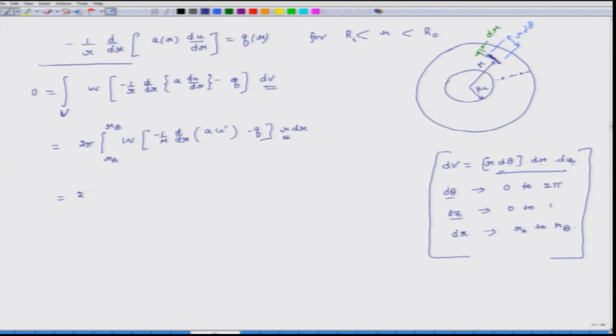So, this is equal to 2 pi times the integral from Ra to Rb of W, and I multiply r to the terms inside the bracket, so this r cancels. So, I get minus d over dr of A u prime minus q r dr. At this stage, I do my weak formulation.